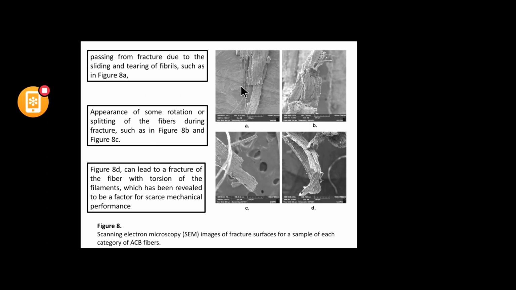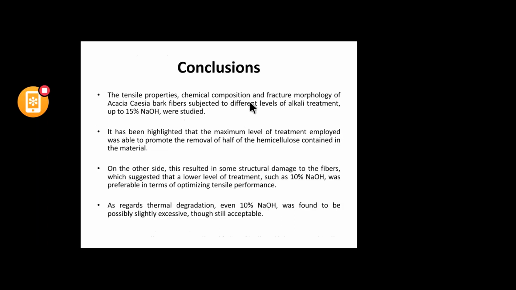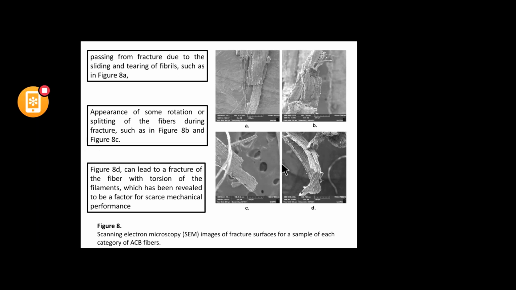In figure A, different possible modes of fracture are apparent, passing from fracture due to sliding and tearing of the fibrils. If you look at figures B and C, there is an appearance of some rotation or splitting of the fibers during the fracture.